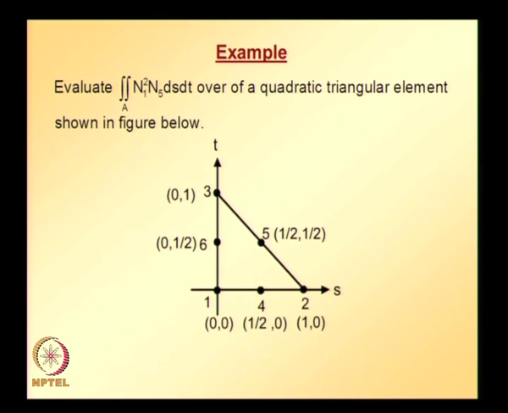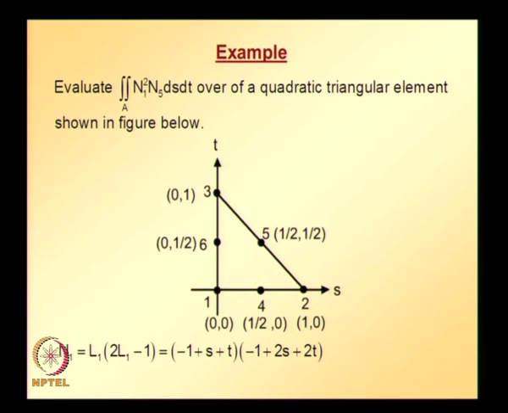over a right angle triangle that is shown there, where the coordinates of all the key points are shown in the figure. Here N1 and N5 are nothing but the quadratic, or 6 node, triangular element shape functions, and they are given by this.